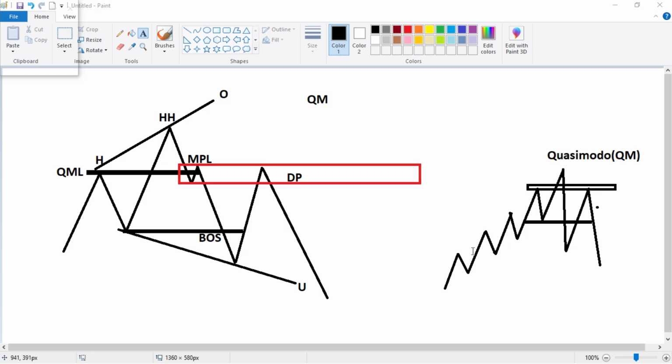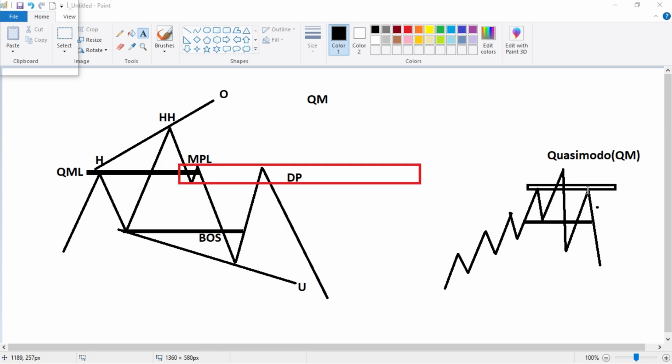So, for example, as this diagram shows, price was in a bullish trend, making higher highs, higher highs, higher highs. However, after failing to create a new higher high, it broke the structure and created a lower low. Broke these two structures and created a lower low.